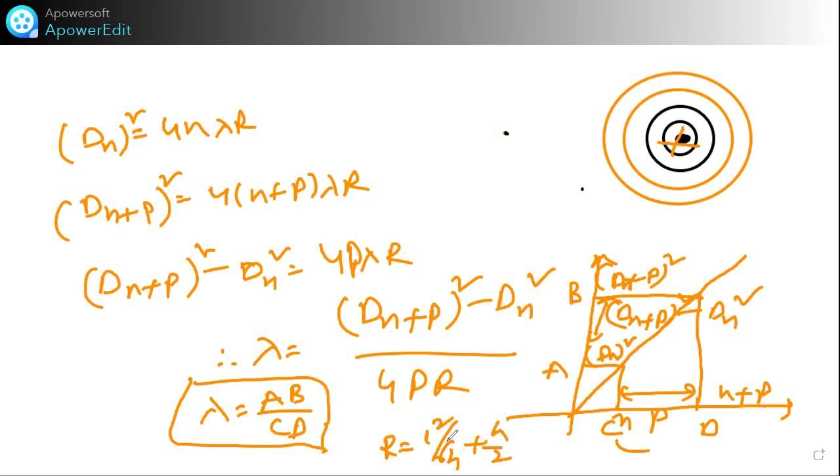We can determine the radius of the lens and substitute this value. Finally we will get lambda, the wavelength of the given source by using Newton's rings experiment.